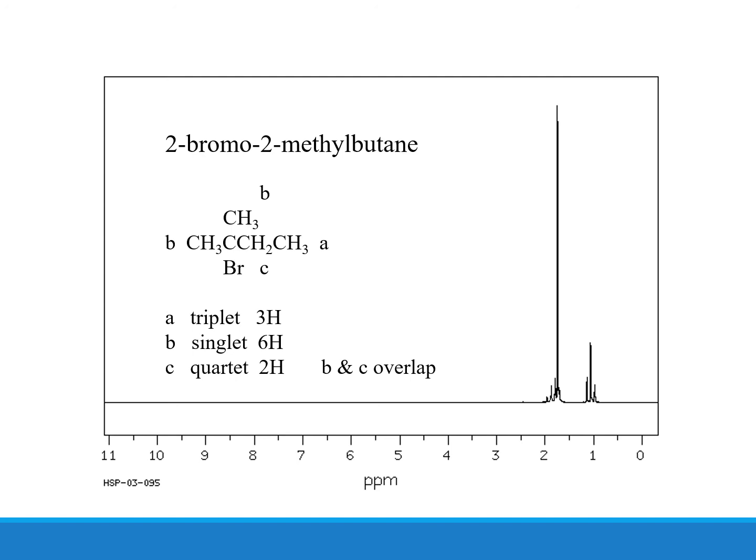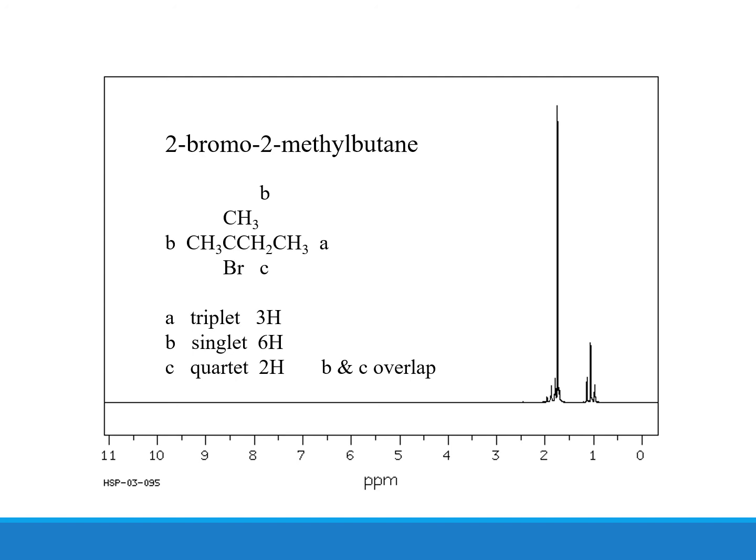So likewise, we have three. The interesting thing in this structure is, if you see the methyl group is bonded to the carbon which is bonded to bromine, we have 6 hydrogens.